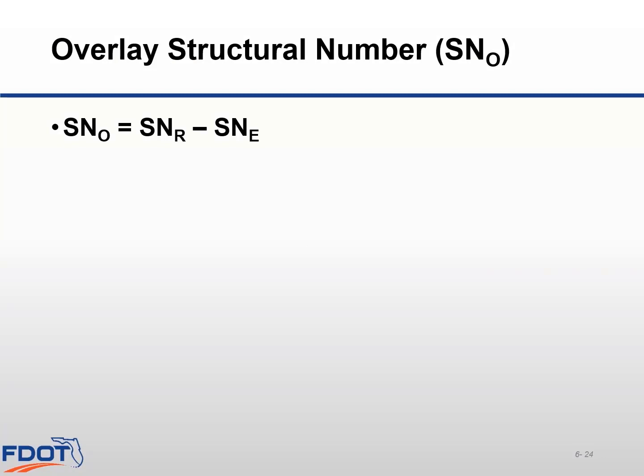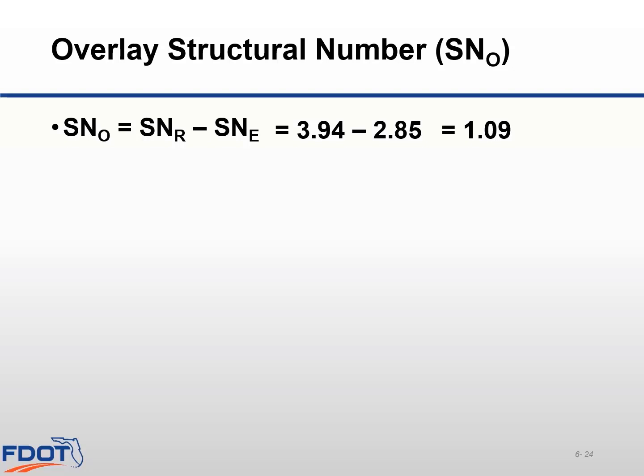Looking at the equation for the overlay structural number, we simply subtract the existing structural number, after milling, from the required structural number to determine the value of the structure that we need to replace after milling. So the values we just calculated for this would be 3.94 minus 2.85, which will give us an overlay structural number of 1.09. So whatever we use to resurface needs to have a structural value of at least 1.09.